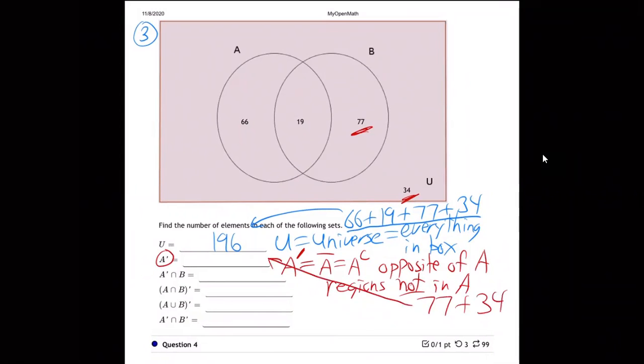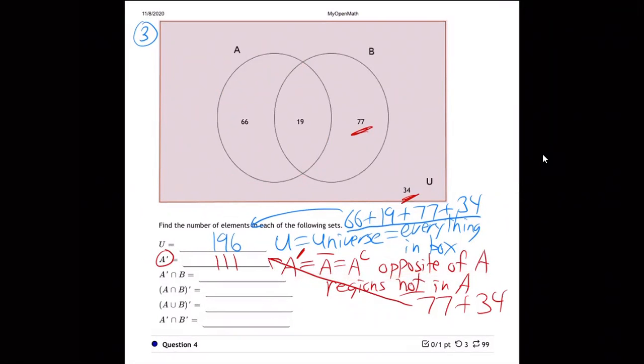So that comes out to be 111. So the regions not in circle A: here's circle A, the regions not in A are here and here. Those are the ones not in circle A. Opposite of A. So that's what that means.